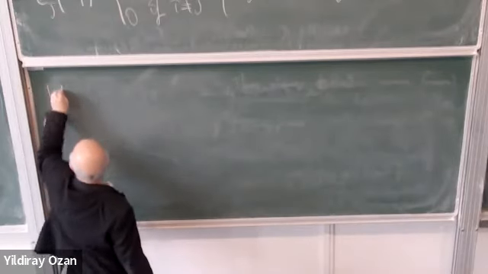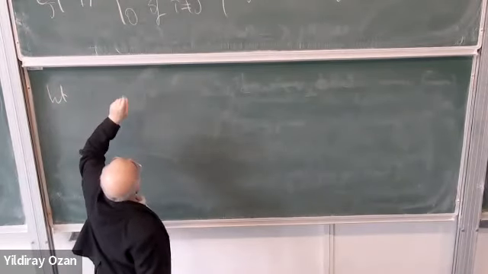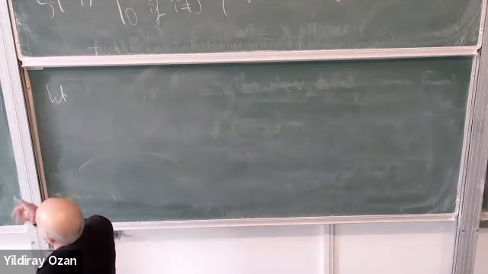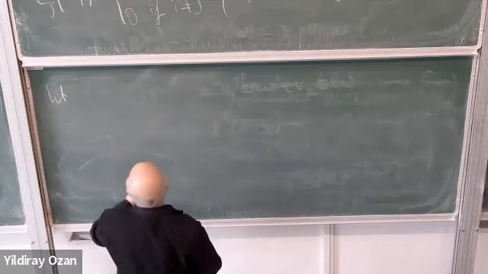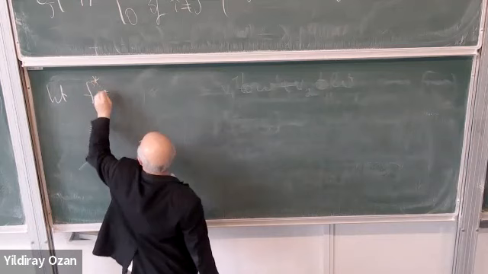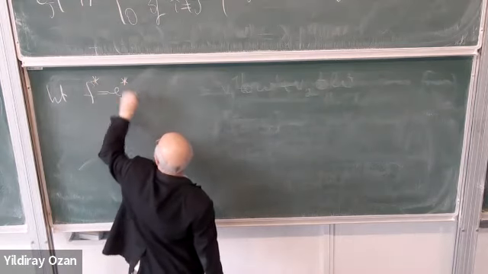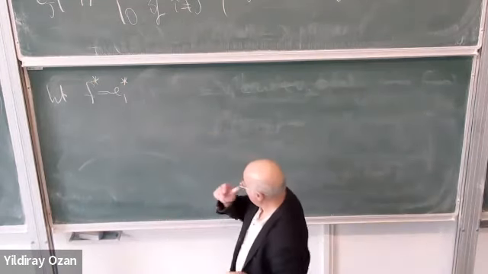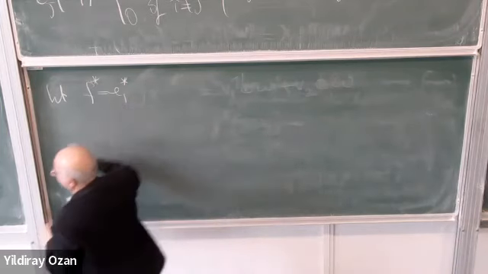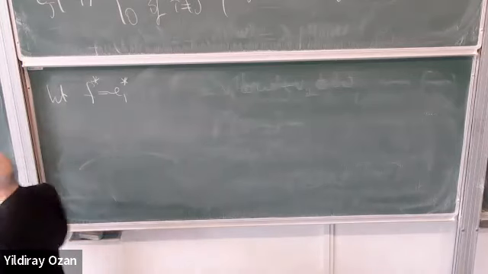Okay, let's. I will take my F star to be E1 star. So let's take, for example, F star to be E1 star. Okay. And let's apply this digit to this summation.